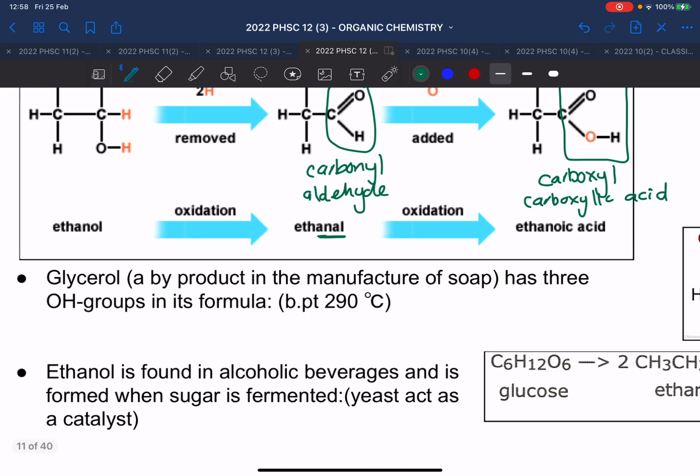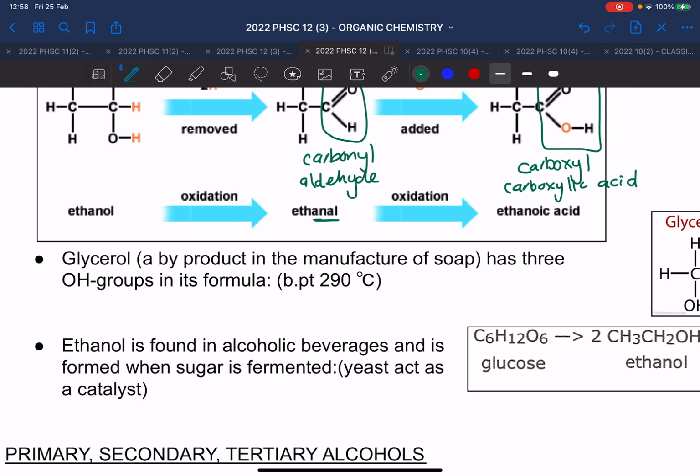Yes? Let's say I buy myself a Jägermeister and it's open. When I drink it, am I going to be more drunk? No, not more drunk. The content of alcohol will remain more or less the same.